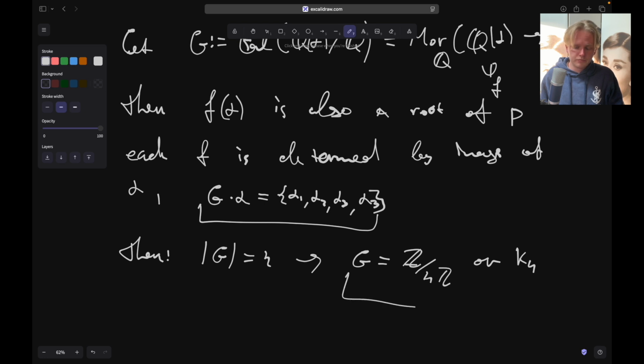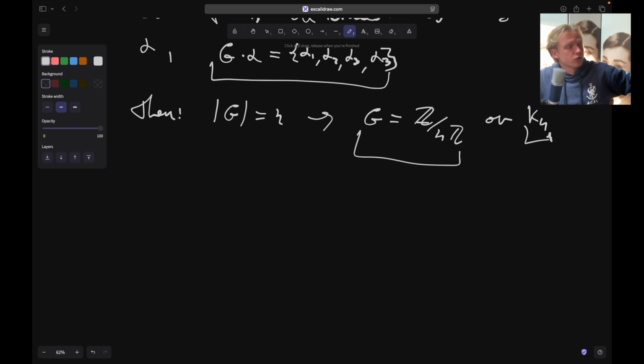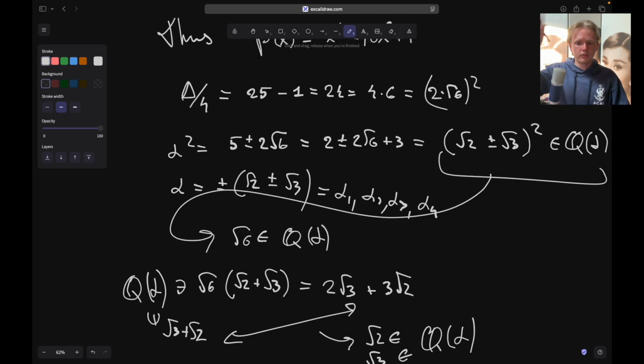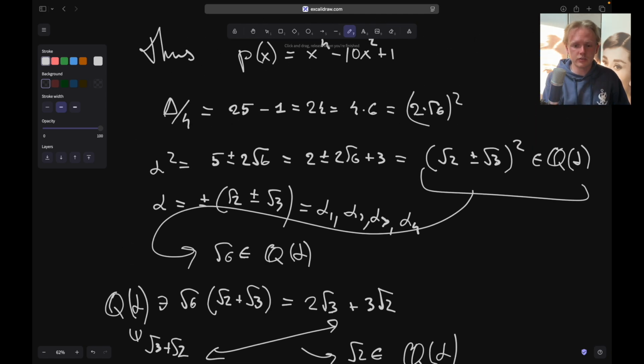and now we need to choose one. So how do we choose one? Oh, actually, I know how we choose one. One of the basic facts from Galois theory is that if you have a finite extension, then each subgroup corresponds to a subfield between the ground field and the field we are discussing.